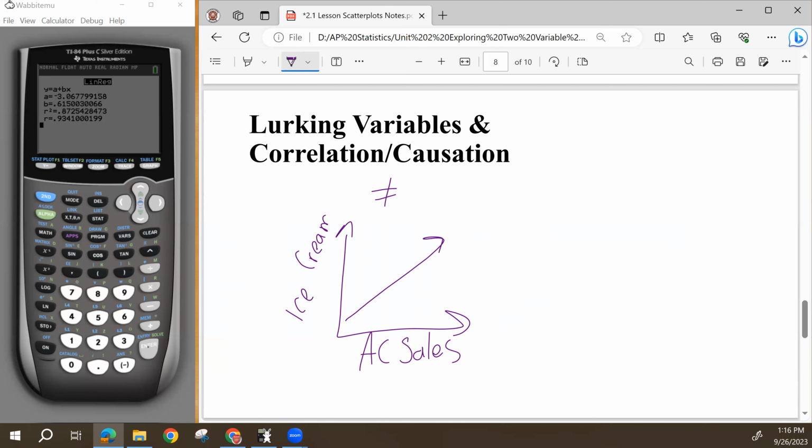It would be silly to say that selling air conditioners causes ice cream sales to go up. There would be a strong relationship, but there would be a lurking variable there, something that's related to both of those things that's causing them both to go up at the same time. And you probably might have guessed that it's the temperature. As the temperature increases, we're going to need our air conditioners replaced, and we are probably more likely to stop and get an ice cream because it's hot out and we want something cold.